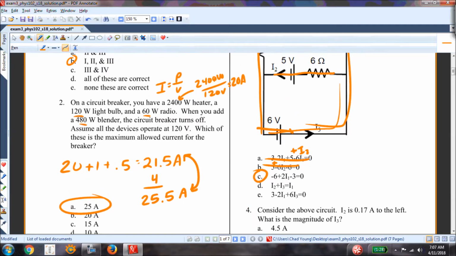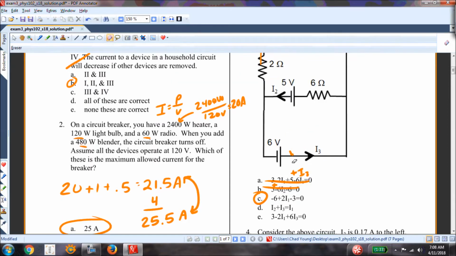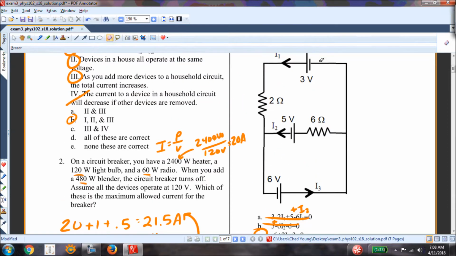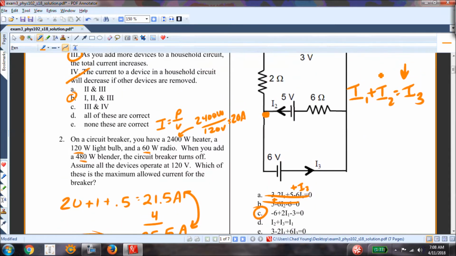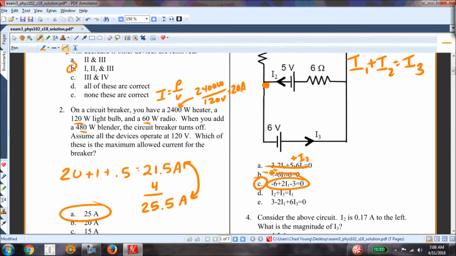Well, a couple ways I could do this. Let's clean this up a little bit. The easiest way is to take the junction rule. So if I take my junction rule right here, my junction rule is I1 plus I2 is equal to I3. I want to know I3. I've been given I2, and so I want to find I1. But look, I already have the equation to find I1, so let's just use that.